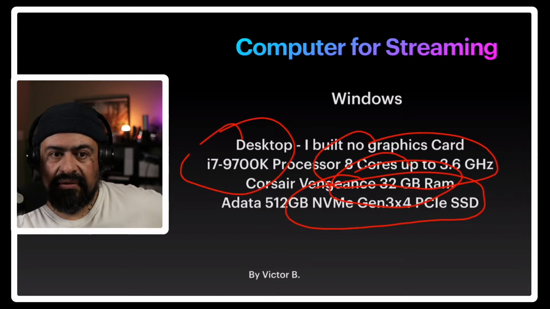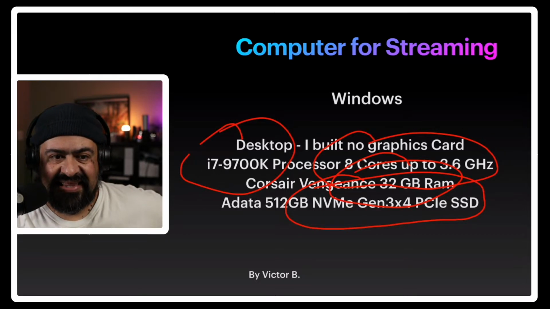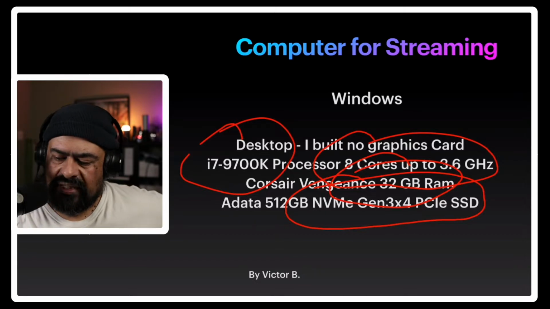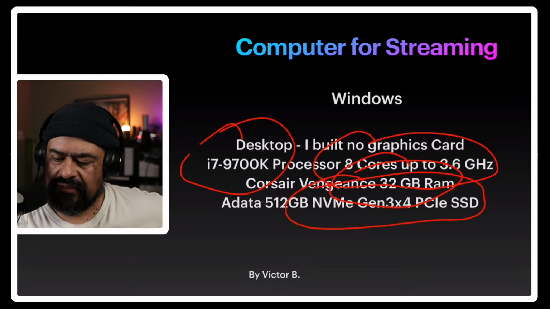NVMe is important. That is not a regular SSD. NVMes have read-write speeds in the thousands, around 3,000, 2,500, compared to a normal 2.5 SSD that's more in the 500s.